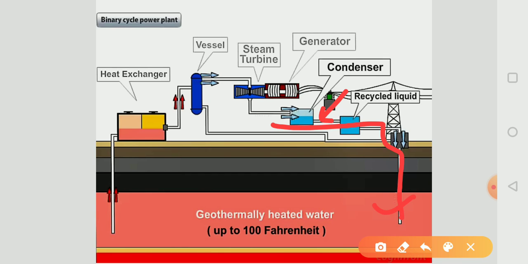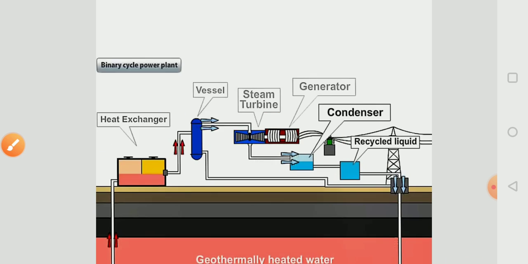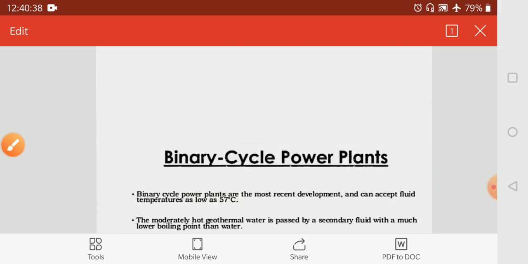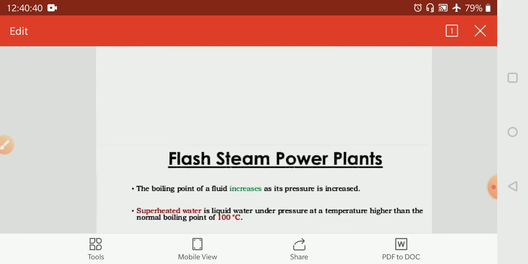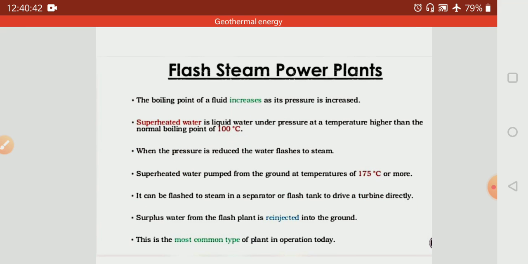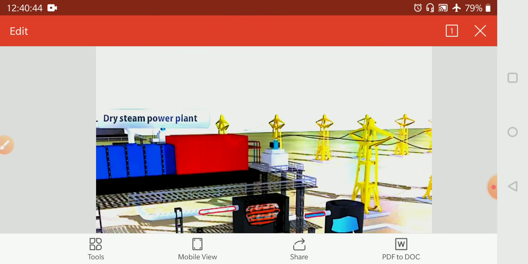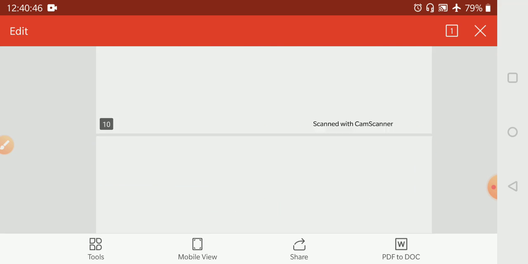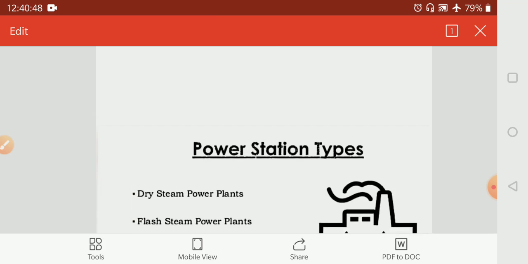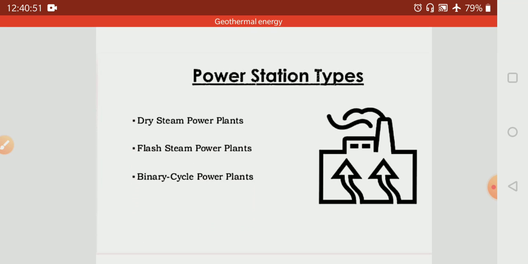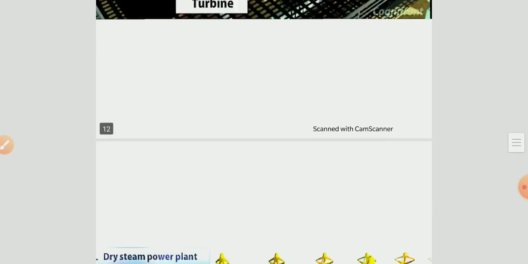So we have discussed all three plants. First is dry steam power plant, second is flash steam power plant, and third is binary cycle power plant.